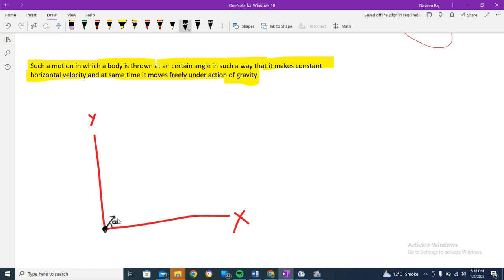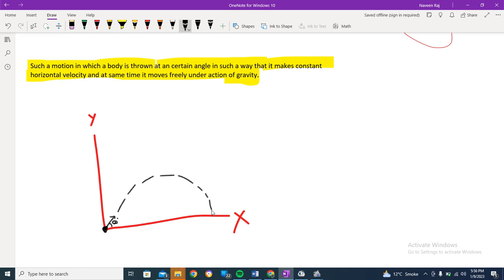I'm just telling you very important points, you just need to write them. The point of projection is where the projectile motion started, while the angle made by it is known as the angle of projection, and it will move in a direction like this, in this way.